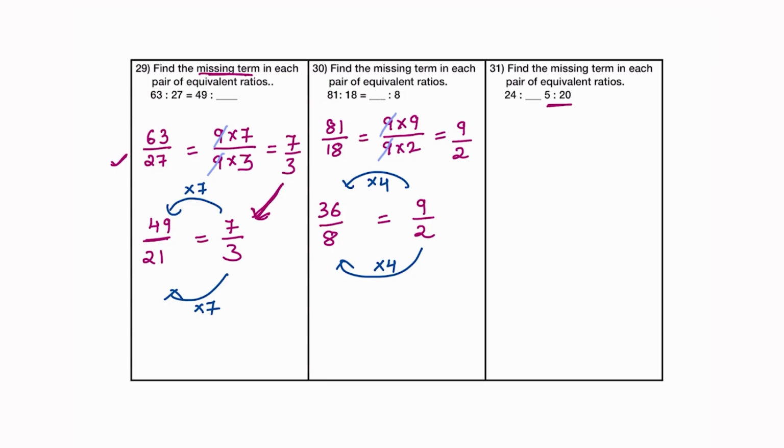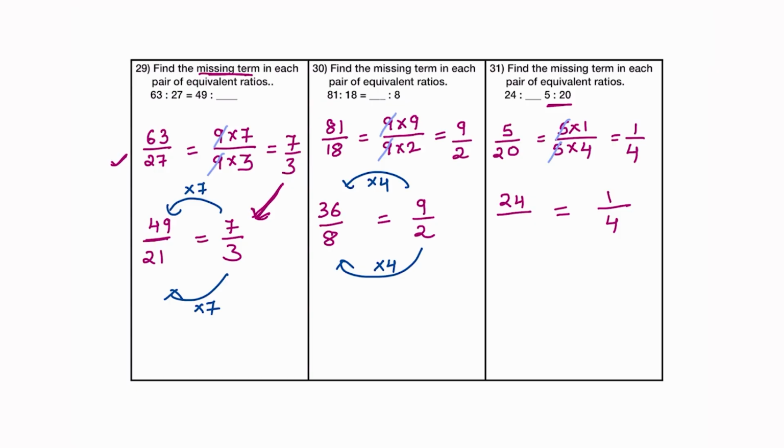Now in the next question, the first ratio is not given. We have the second one, so we are going to use that. It doesn't matter. So we say this is 5 over 20. That's 5 times 1, and that's 5 times 4. So 5 and 5 is out, which means this is 1 over 4. So 24 over something is equal to 1 over 4. And now the same process.